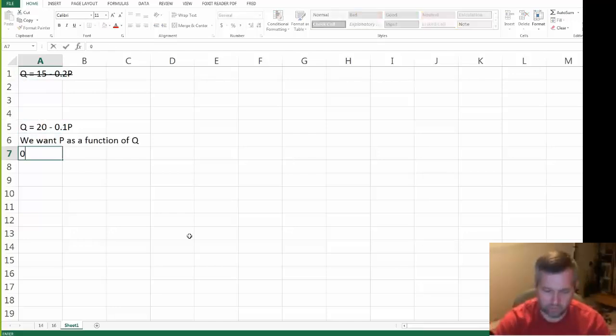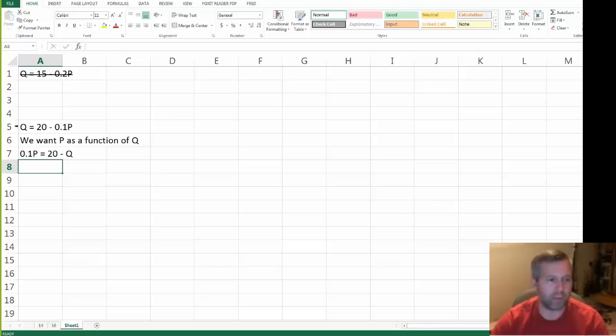Move the P over, 0.1 P equals 20 minus Q. So I just move my P to the other side, move my Q to the other side, so I can get the P's on the same side. I can get the P all by itself. And then I'll just divide by that 0.1, which is essentially multiplying by 10.